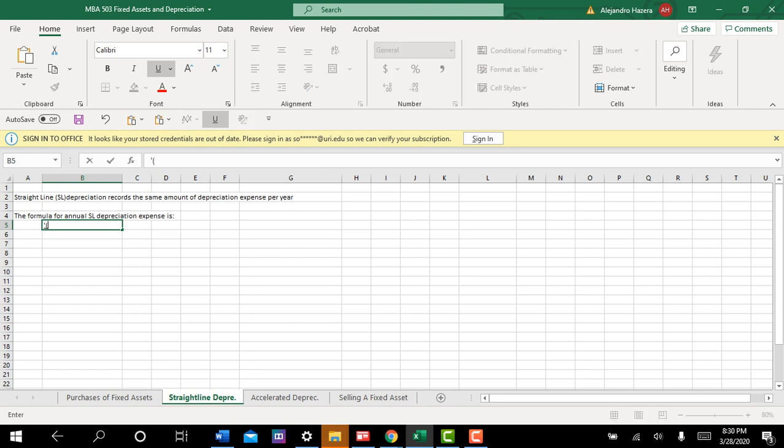It is the asset cost minus the asset's salvage value, and we'll talk about salvage value in a second.